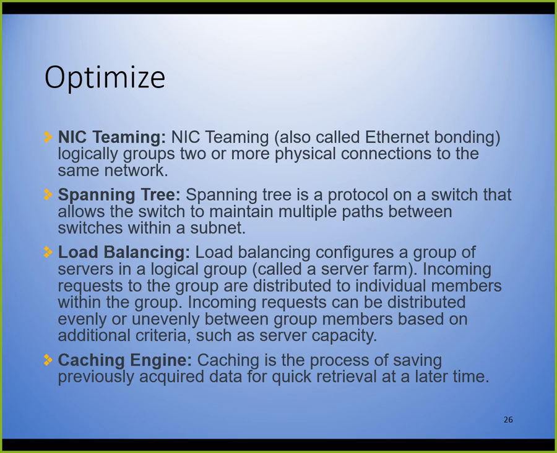Optimization, and this is one, optimize things. What are we going to do with this thing? NIC teaming. We talked about binding switch ports together, and we talked about binding serial ports together with PPP. NIC teaming, Ethernet bonding, two or more physical connections to the same network. What we do is bind together two NICs, NIC teaming, put them together so that they appear as a high-speed connection.